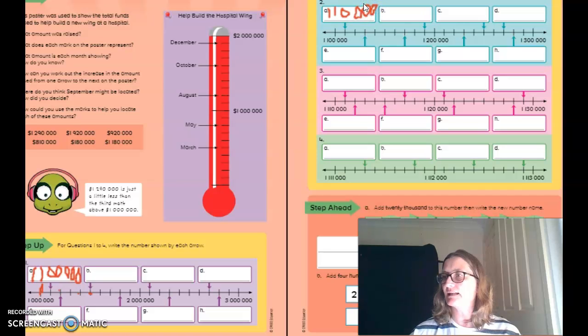Just have to put my extra arrow in there. 1,110,000. Okay, that's that first one. So use that as a bit of a guide for you. Take your time, read the question carefully, look at the numbers and work out what they're broken into first, and then work out your numbers.